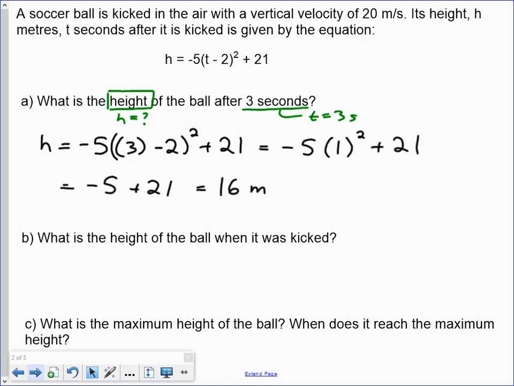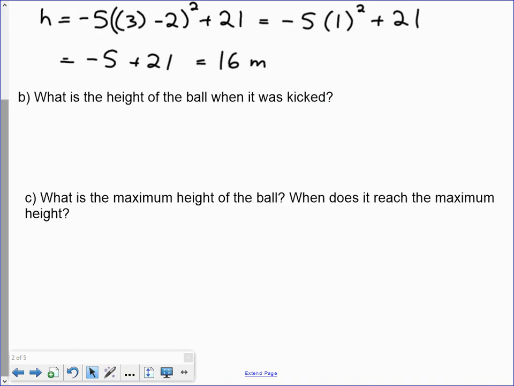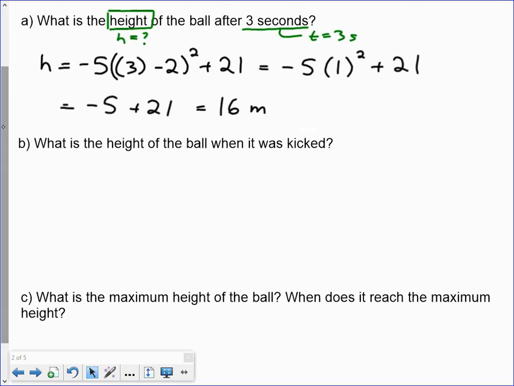All right, our second part here. What is the height of the ball when it was kicked? Give ourselves a bit more room here. So again, what are they asking us to find? They're asking us to find the height. So we want to find a value for h. They don't give us any more numbers in this question. They just sort of say when it was kicked.